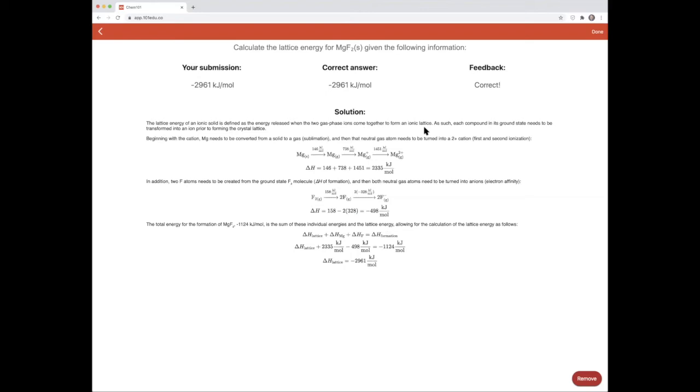I define it in my lecture as the energy required to separate the component ions in the solid phase into their free and independent gaseous phase. But Chem 101 defines it as just the opposite, the energy that's released whenever you take the gaseous ions and form the solid crystal lattice. So just be aware of that. There is a homework question very similar to this, so take that into account when you do the homework.